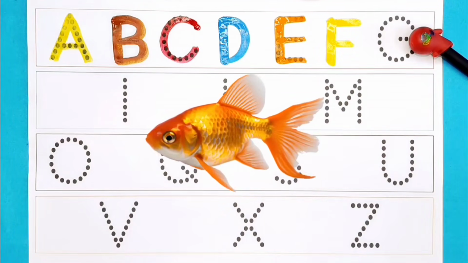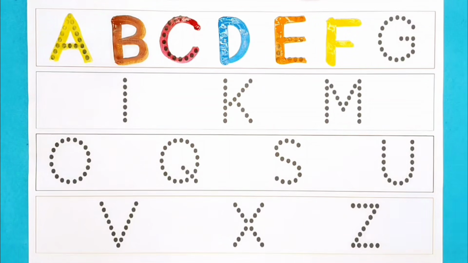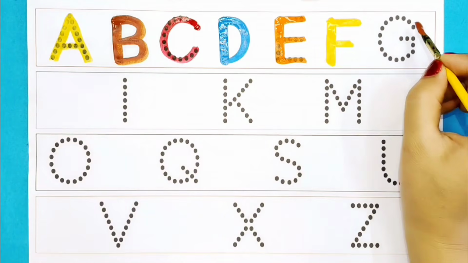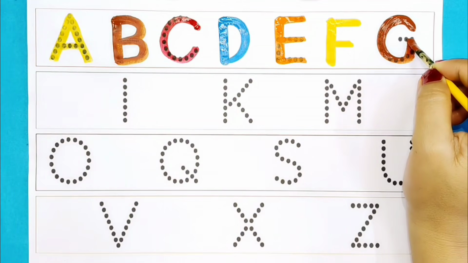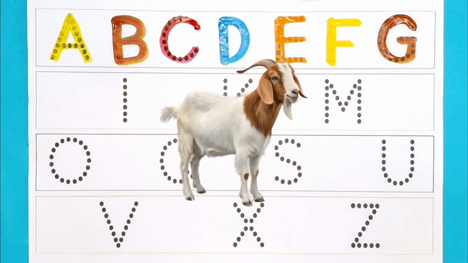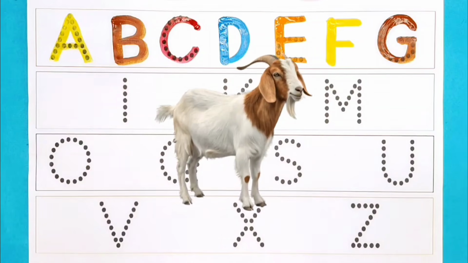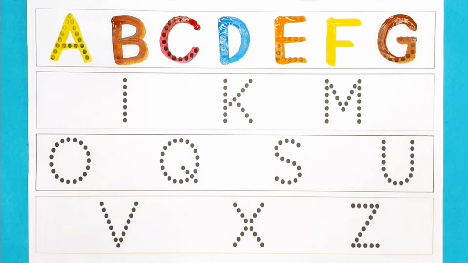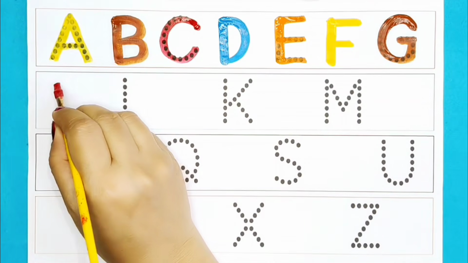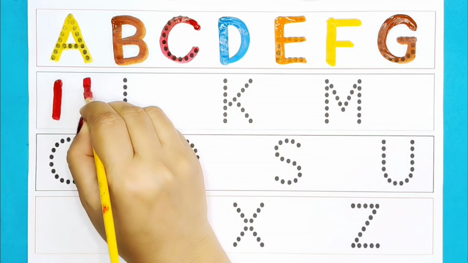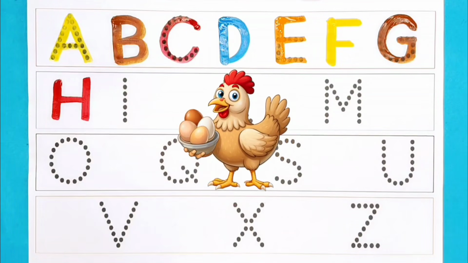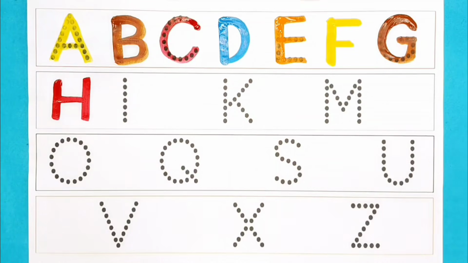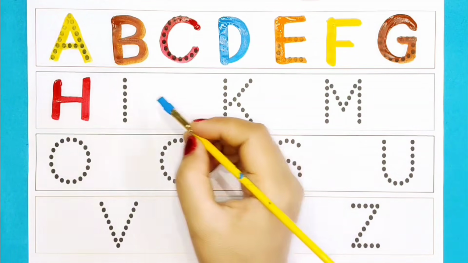F. F for fish. Brown color. G. G for goat. Red color. H. H for hen. Sky blue color.